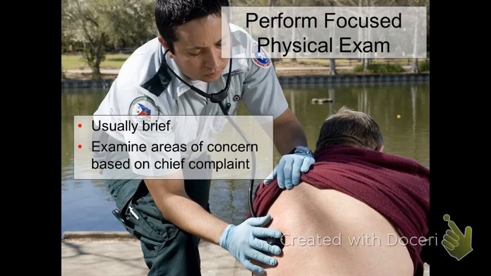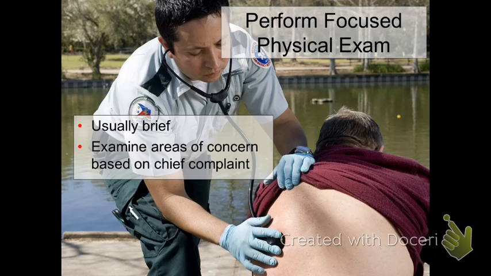So then you start your physical exam. I always gather the information first, and then the physical exam in medical, so I know what I'm focused on, what I'm looking at, and then I start in on the physical exam, mainly based on the chief complaint.